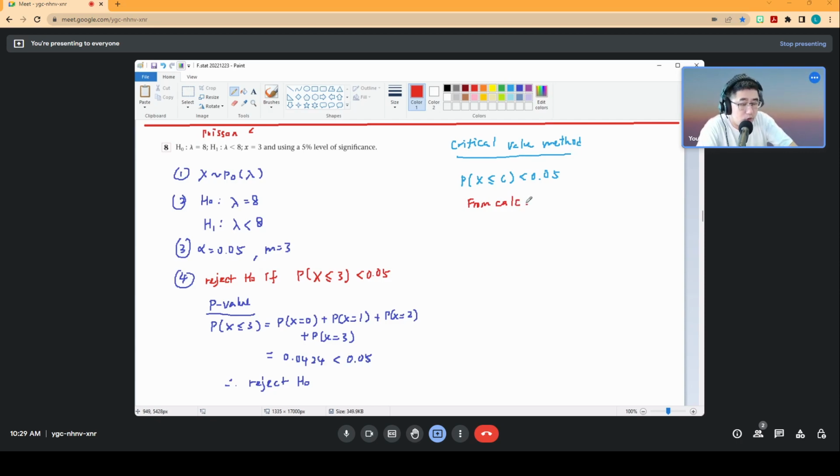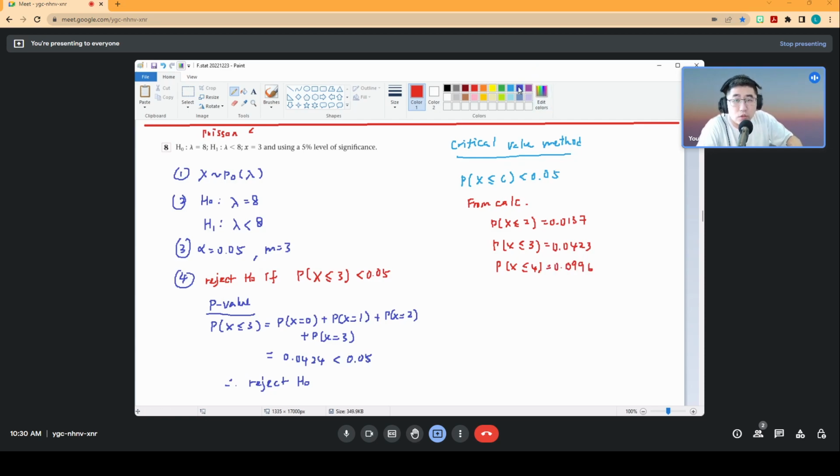Select type, Poisson CD, list. I use 0, 1, 2, 3, 4, 5, 8. So over here, I have P of x lesser equals to 2 giving me 0.0137. P of x lesser equals to 3 gives me 0.0423. And P of x lesser equals to 4 gives me 0.0996.